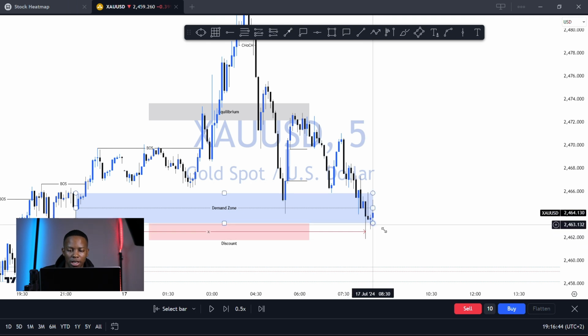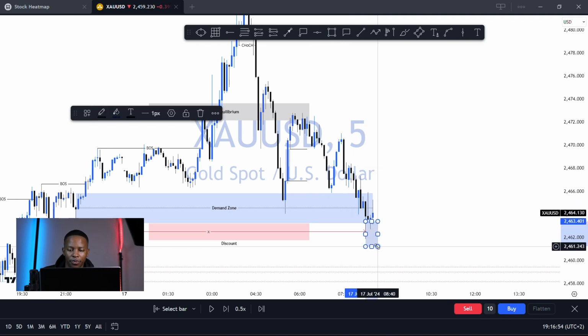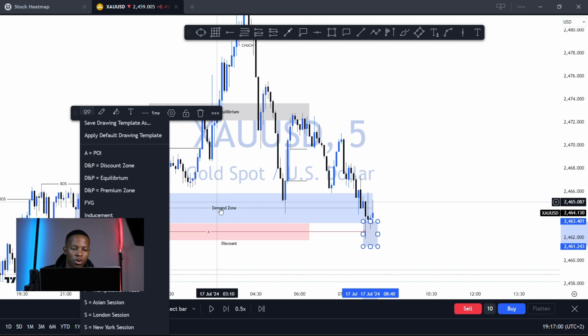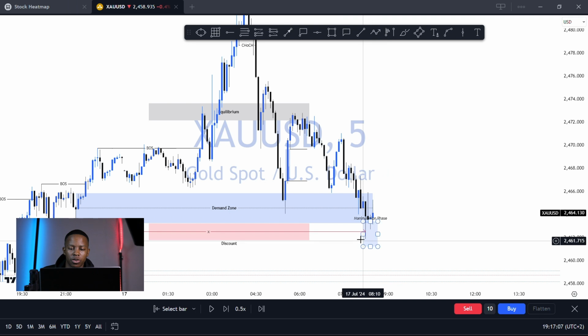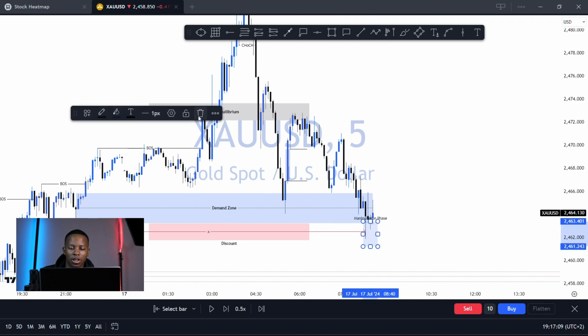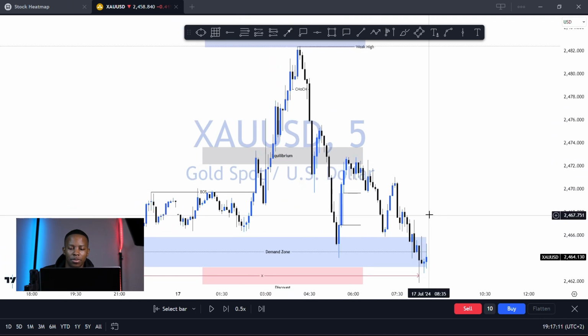So this shows me that this was just manipulation, and a lot of people that placed their buys right here and put their stop loss right under the strong low got liquidated, right? A lot of people did get liquidated, unfortunately for them, but this is what we call the manipulation phase. So this was manipulation. Liquidity was taken out, and now we can look to go to the upside.